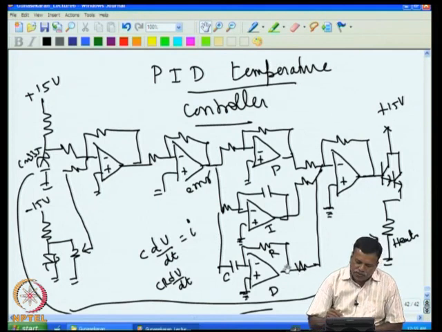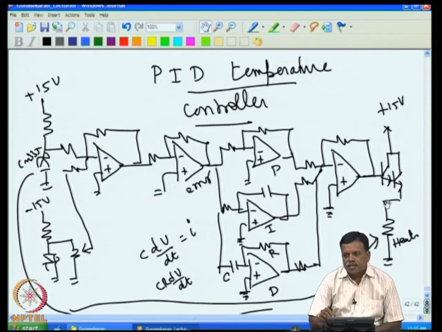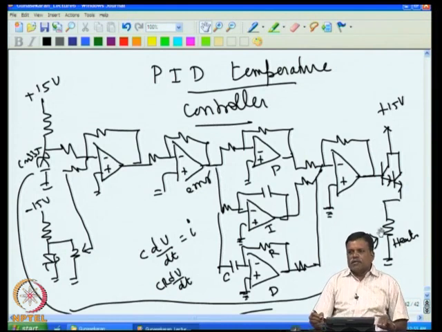That will produce a large change in voltage, because if dV by dt is more, you get a large voltage change, and a large voltage change occurs on the system. That means if the system is faster, then the correction also takes place faster. In other words, if the error is changing fast, then the correction also changes fast, and the system will stabilize quickly.